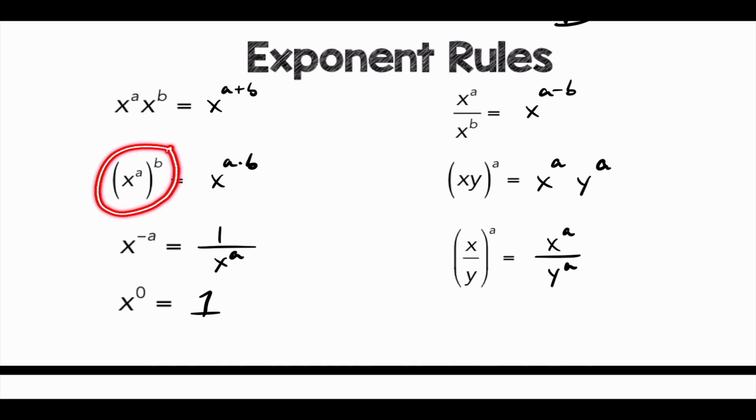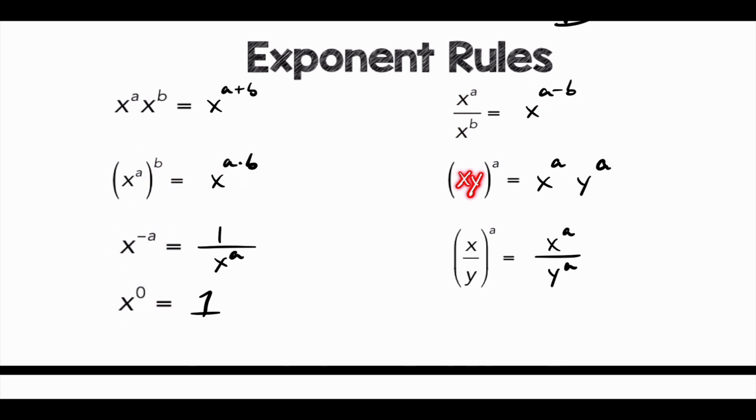Here, I have one base, but it's got two powers, right? It's a power to a power. So I multiply their powers. Negative exponents, dealt with those. Anything to the 0 power makes a 1. If I have a base on top and a base on bottom that are exactly the same, I subtract their powers.